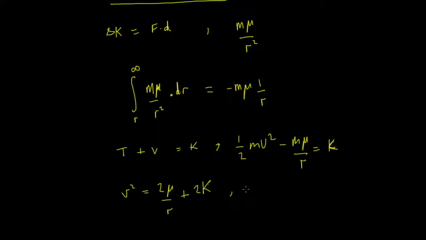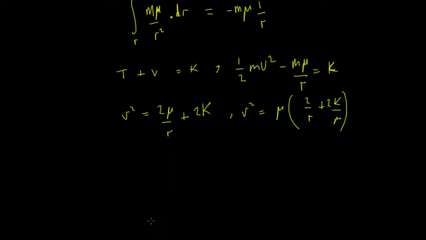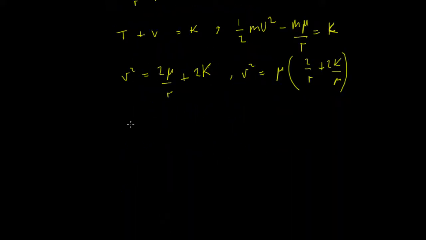Okay, so our v squared can then be written as mu times 2 upon r plus 2K upon mu. Let's just get this into the standard form that you see for this derivation.